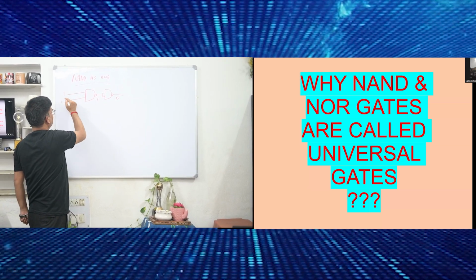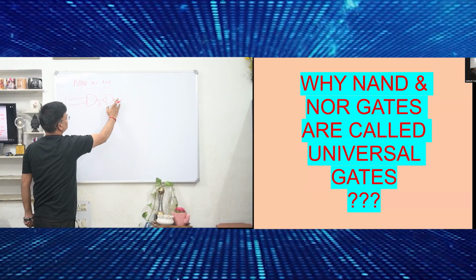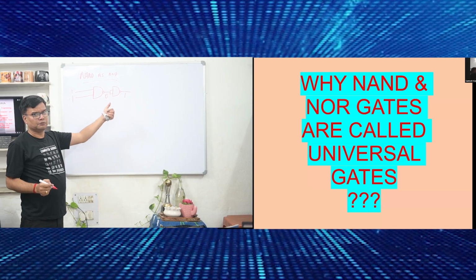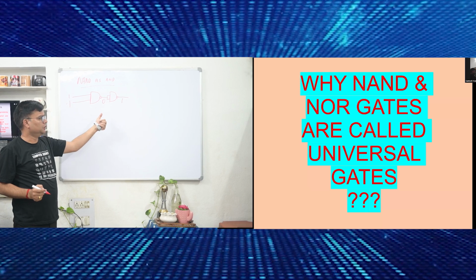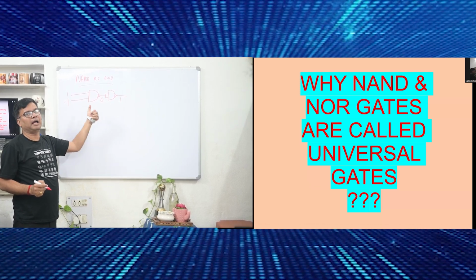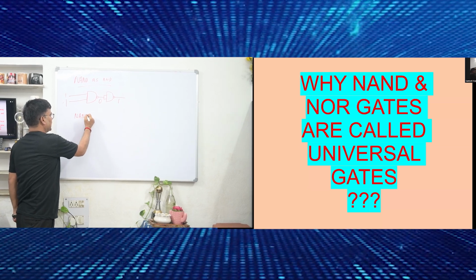Then 1, 1 gives 0, and 0, 0 gives 1. So this output which I obtained was the output of an AND gate. So using a NAND gate, I can obtain the output of an AND gate.